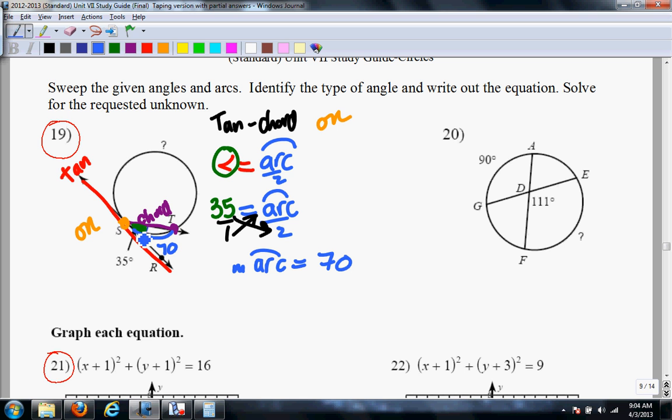Now we're not done yet, because we're not asked just for that arc right there. We are asked for this arc going this way. I'd like you to trace it. Go back and sweep the blue arc. Now go back and sweep the green arc and the blue arc together. Now you should be able to find that green arc quite easily. Find the green arc, and you will be done.